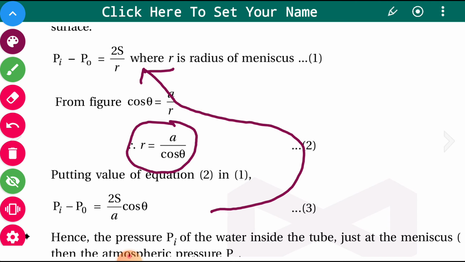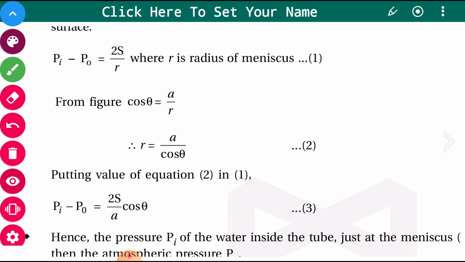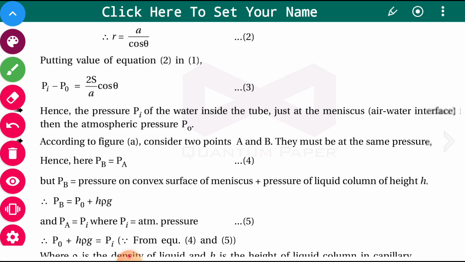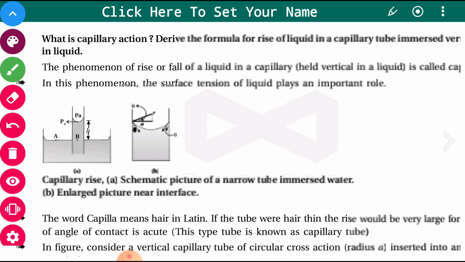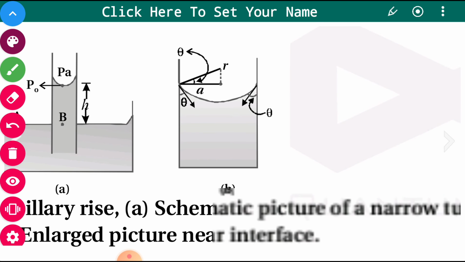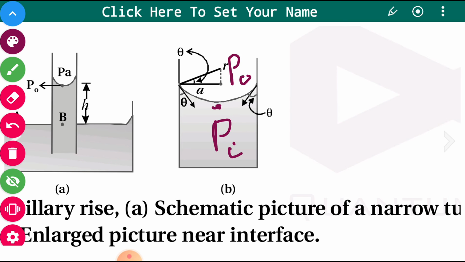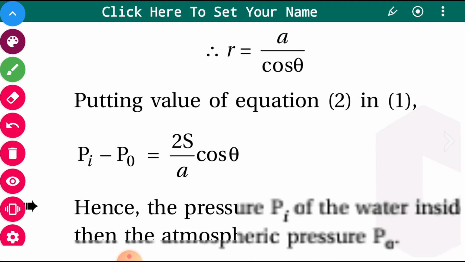So Pi minus Po is equal to 2S cos theta upon a. Hence the pressure Pi of the water inside the tube just at the meniscus, that is the air-water interface, then Po is the atmospheric pressure outside.